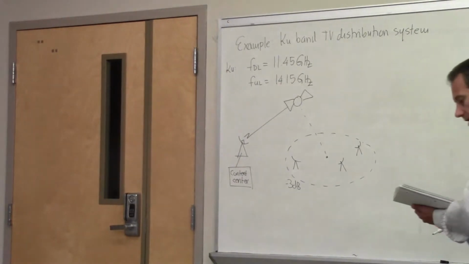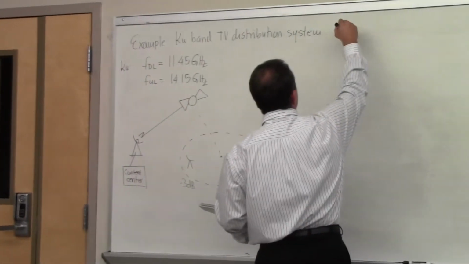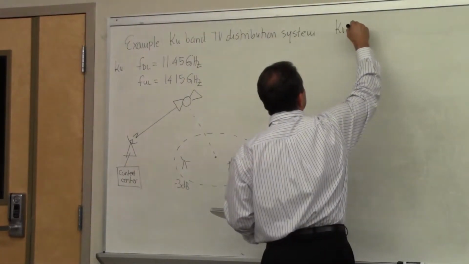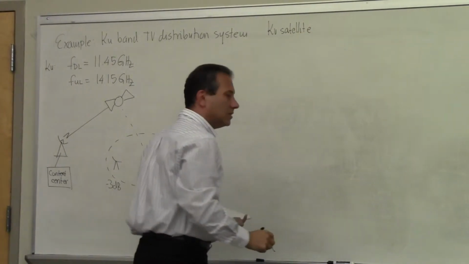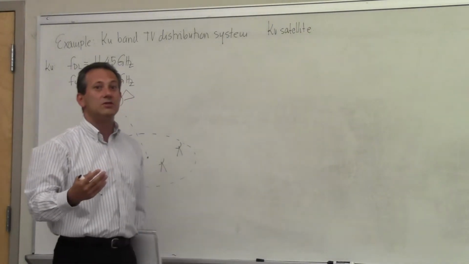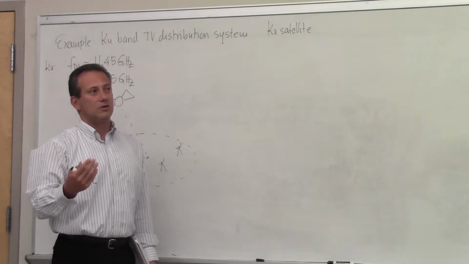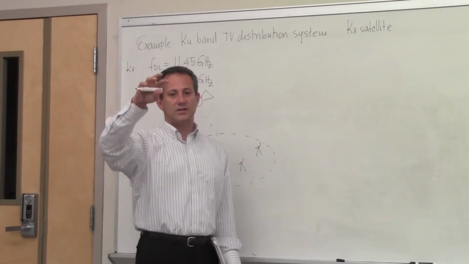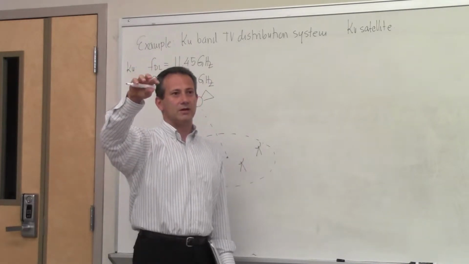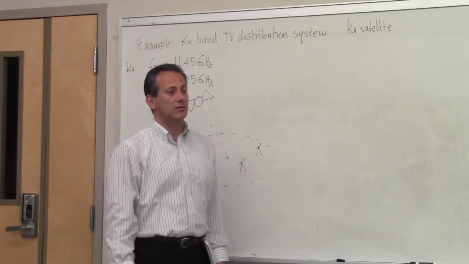Let me get the parameters. KU satellite. Obviously, when you talk about TV distribution systems, you're talking about geostationary satellites. This is the satellite that sits on top of a given area, and it appears stationary from that area.